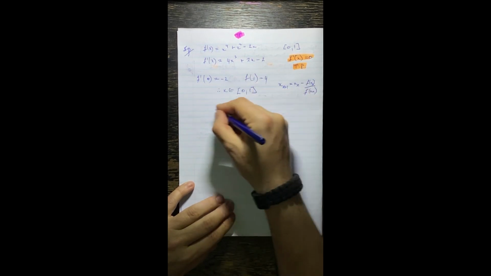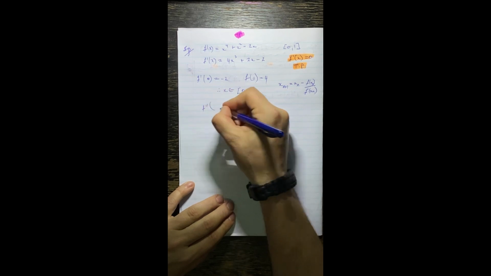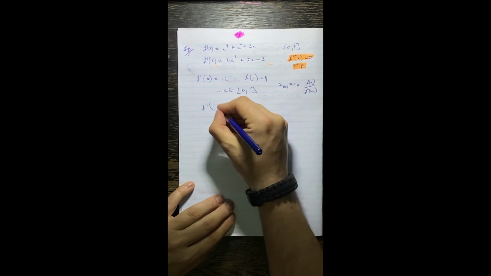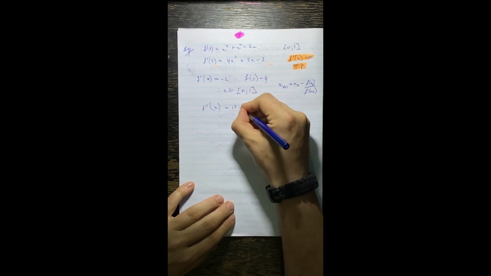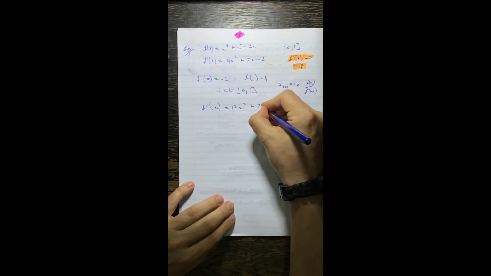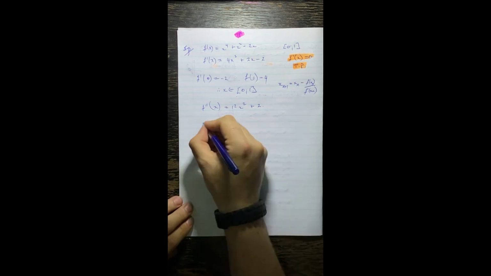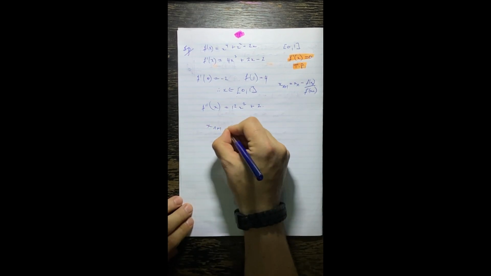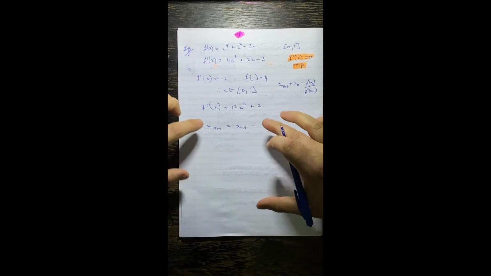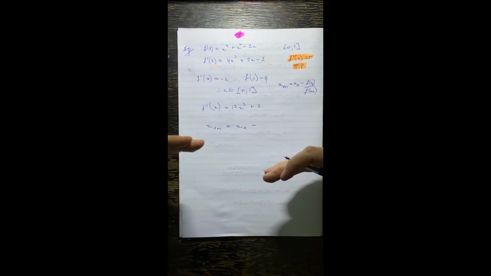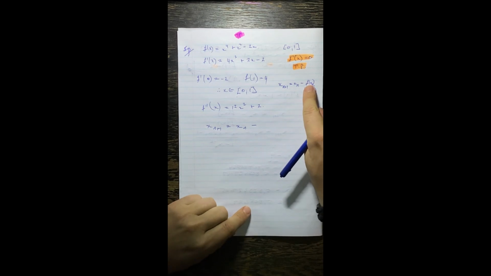So what I need to do now is I need to find my second derivative to plug it into Newton-Raphson. And there's our second derivative. So x n plus 1 equals x n minus, now I'm going to adapt our formula for our problem. So you remember, this is the original Newton-Raphson.